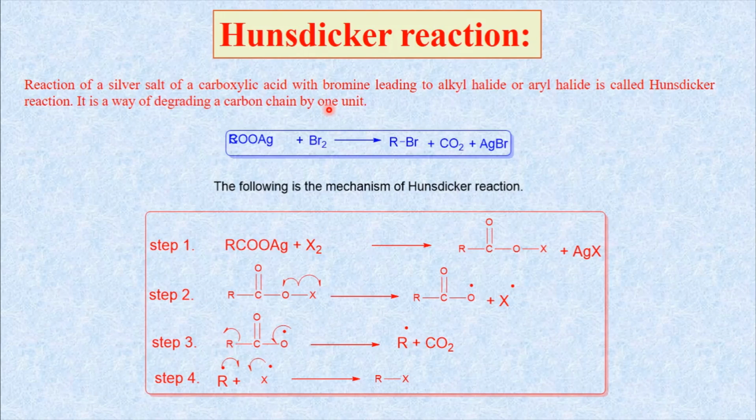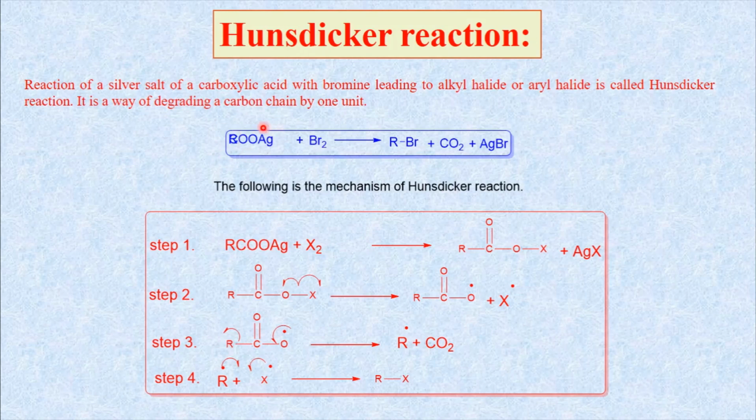Although bromine is the often used halogen, chlorine and iodine have also been used in this Hunsdiecker reaction instead of bromine. So this is the general reaction.